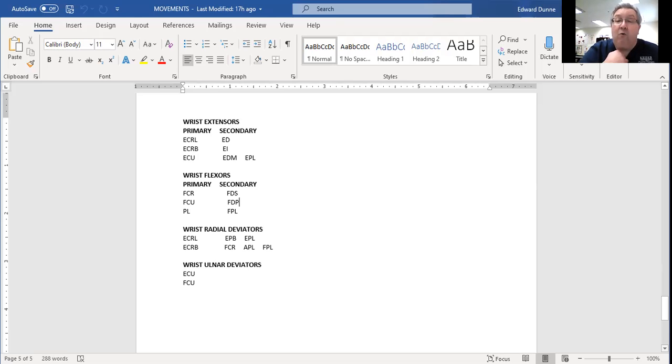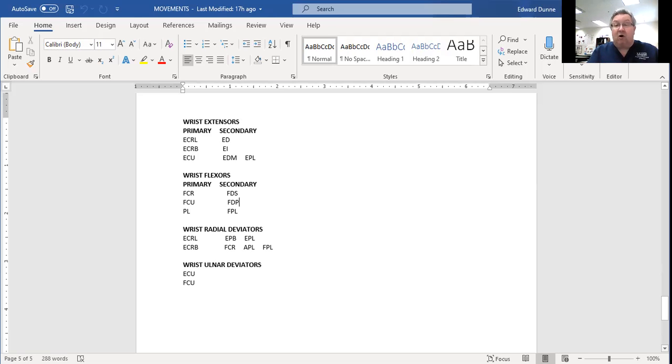So the muscles that I want you to know are the carpi. So the primary wrist extensors: extensor carpi radialis longus has an insertion at the second metacarpal. Extensor carpi radialis brevis has an insertion on the third metacarpal.